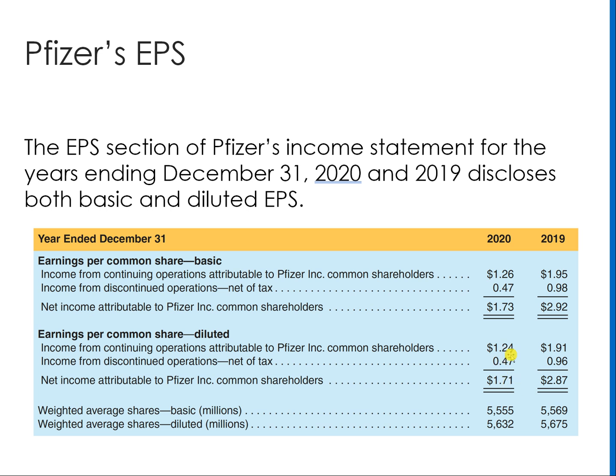Typically it will be slightly lower because after we consider the diluted effect, the denominator, the number of shares, will be larger. The weighted average diluted shares will typically be larger than the basic number of shares.